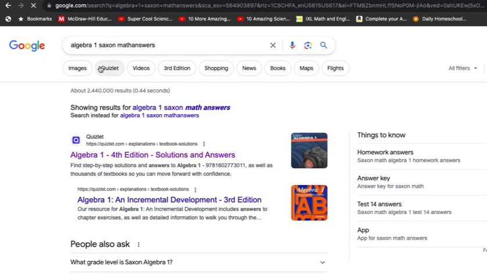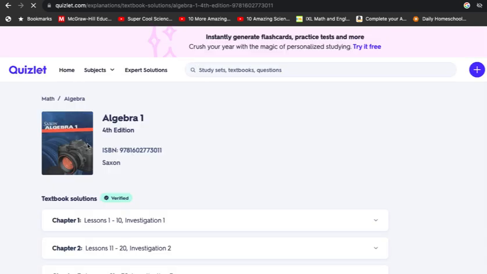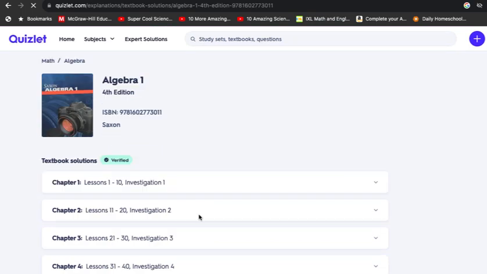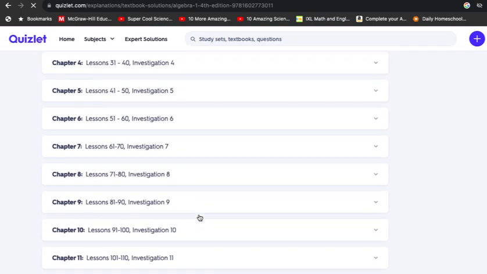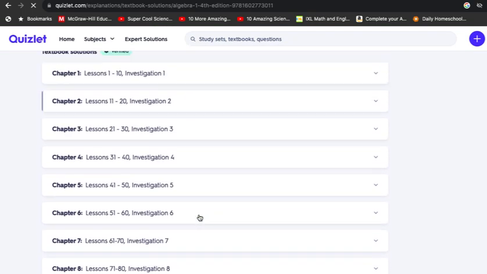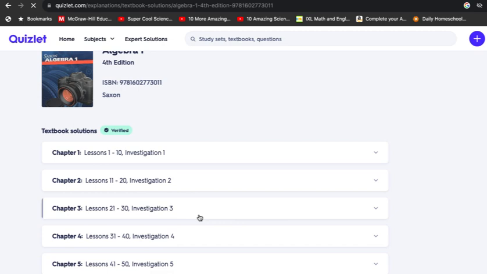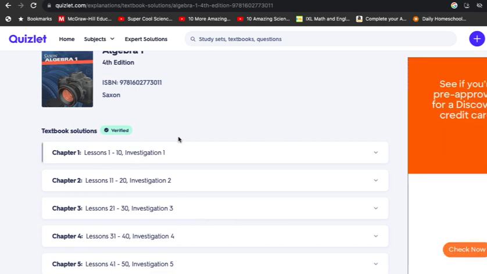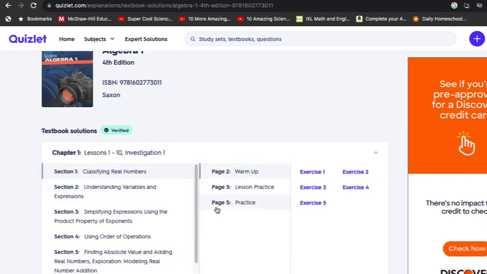If you go to Quizlet and you click on the edition with the camera on it, that's what the cover of your book looks like, you have access to all the answers in your text, not just the first initial practice problems, but also the other practice problems later on. So you may have to sign in, but I'll just show you a glance of what it looks like.